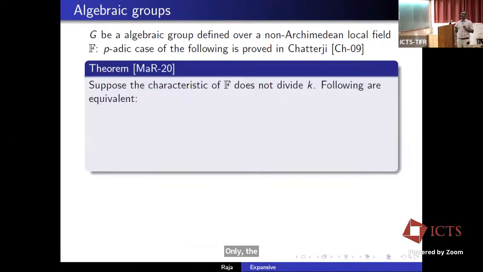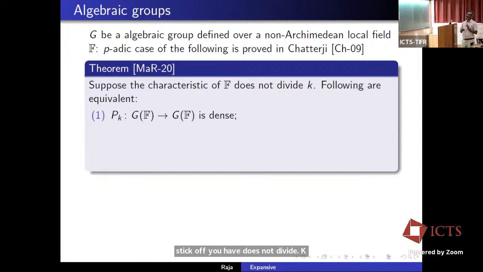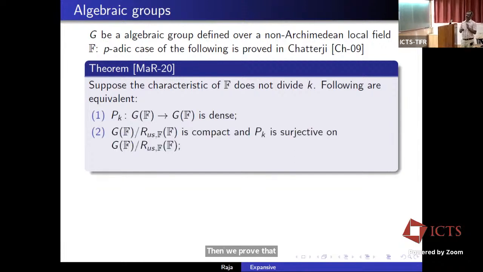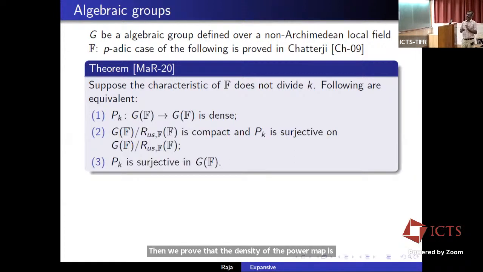So here the main result is, suppose the characteristic of F does not divide K, then we prove that the density of the power map is the same as the surjectivity of the power map, and they are equivalent to proving that the reductive Levi subgroup is compact and the power map is surjective on that reductive part.